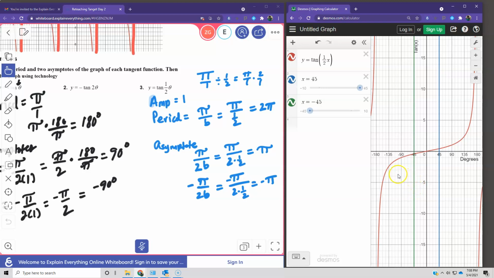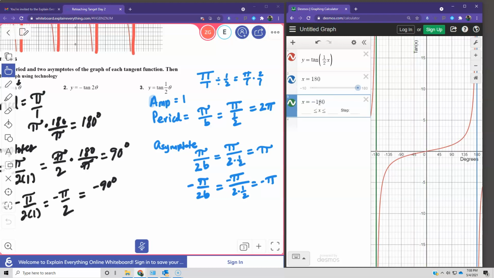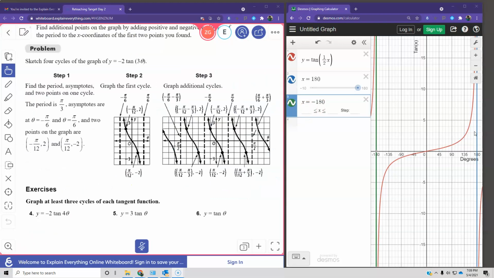And so you notice that we will have asymptotes at 180. You can see that asymptote there on the right, and then at negative 180. And you see it takes longer for this graph to do one period. So the period for this graph is pi over 3, which in this case is times 180 over pi, which is 60 degrees.